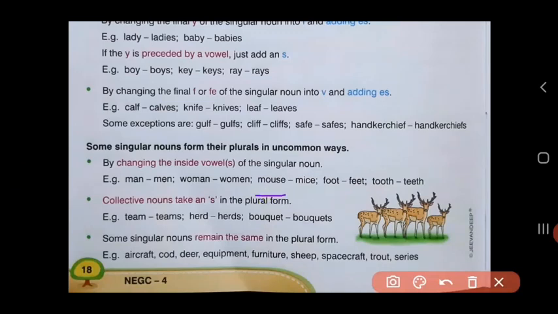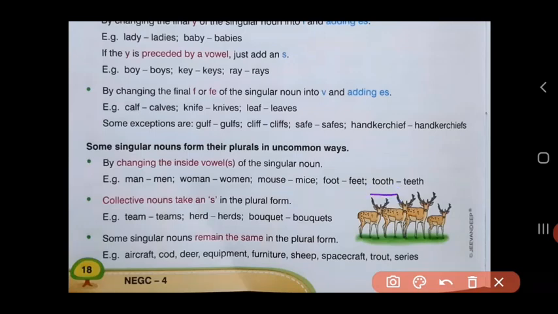Mouse, OU changes to ICE. Mice. In foot, both the vowels O change to E and the plural becomes feet. The same for tooth.